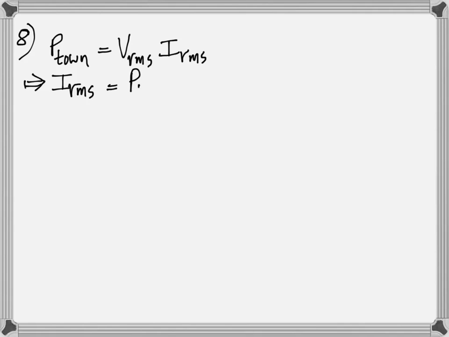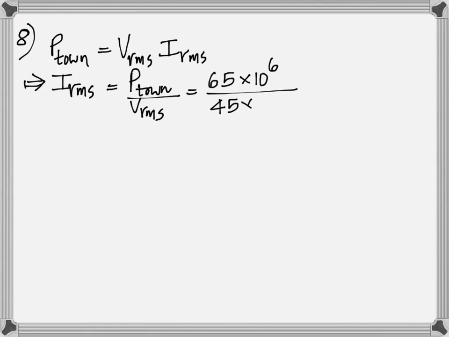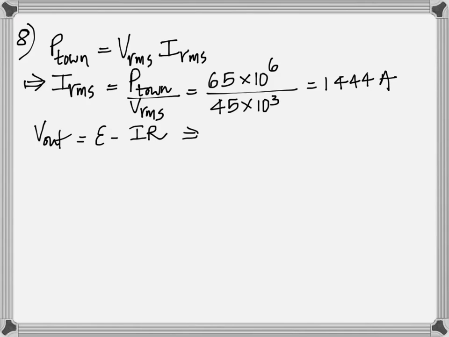Well, the eighth one, the last one, it's always good to transmit power at a higher voltage and a lower current. From what's given, power is Vrms times Irms, so you can find Irms. The current is 1444 amps, and we know that the output voltage is the input E minus what is lost.